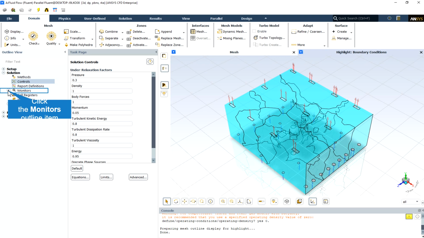It is good practice to begin calculation using the default under relaxation factors. If the residuals continue to increase after the first 4 or 5 iterations, you should reduce the under relaxation factors. Occasionally, you may make changes in the under relaxation factors and resume your calculation, only to find that the residuals begin to increase.